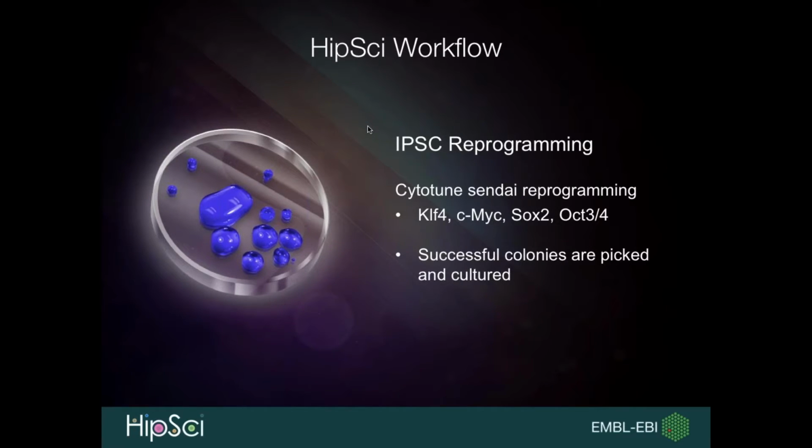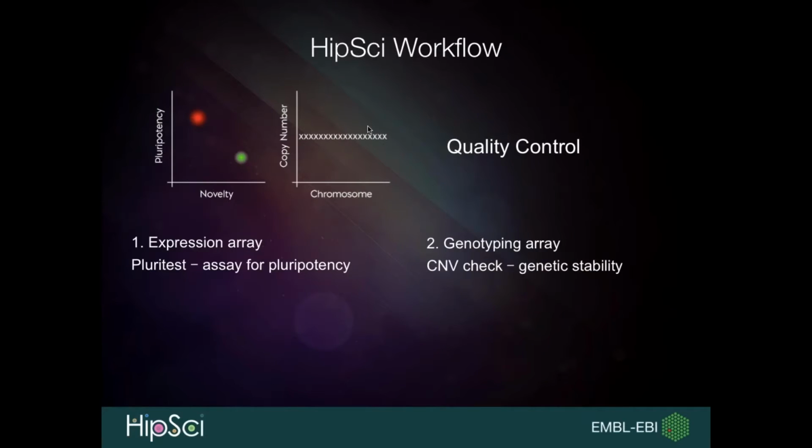So the somatic cells are reprogrammed using the CytoTune Sendai virus, which contains the transcription factors known as the Yamanaka factors. And this triggers the reprogramming of the cells back into the induced pluripotent stem cell state. Successful colonies are then picked and cultured to obtain a sizable yield of iPS cells.